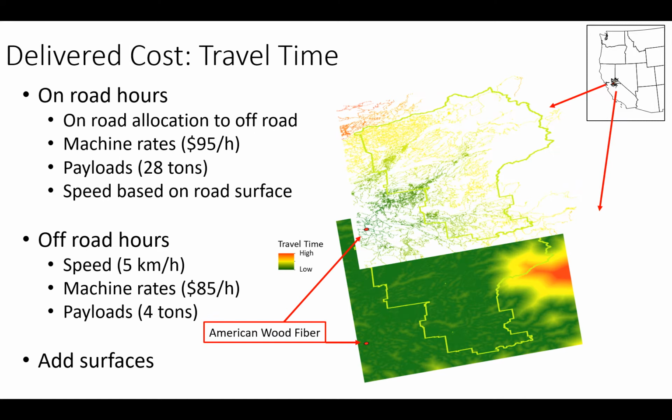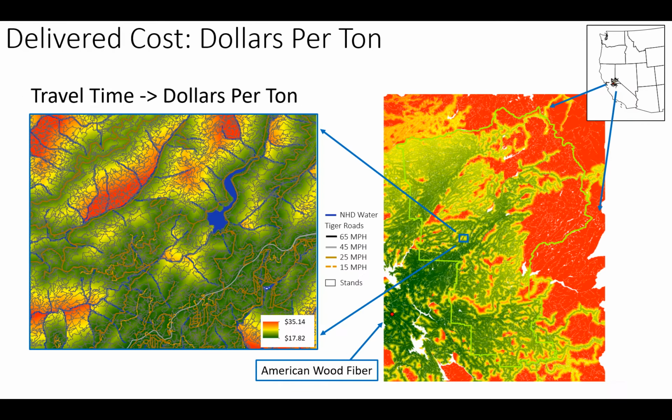And upon hitting the go button or the execute button within the tool, it then takes all those inputs and performs a whole series of calculations to get at how many hours or what's the travel time to move material from that location along the road segment and off the road segments, which we can then convert those times into dollars per ton based off of payloads and rates.